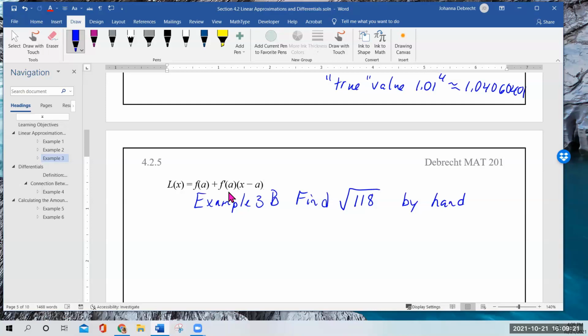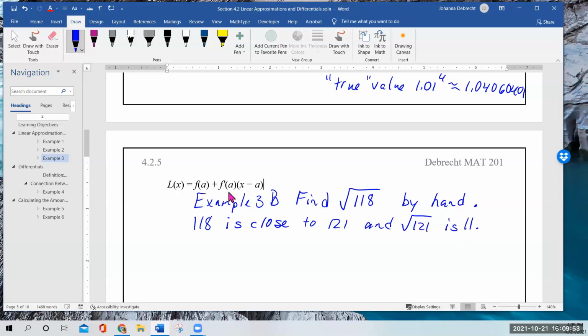All right, well, this is not something I typically know. I don't know what the square root of 118 is, and I'm not given an a value, but I can approximate this using the linear approximation function by realizing that 118 is close to 121. And the square root of 121 is 11.